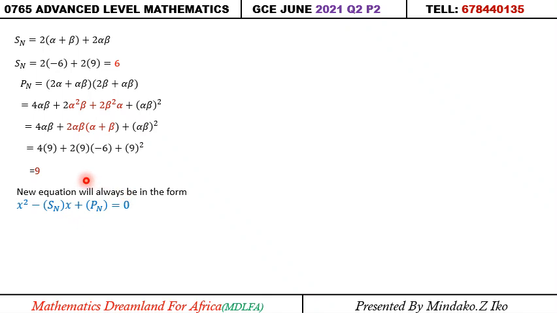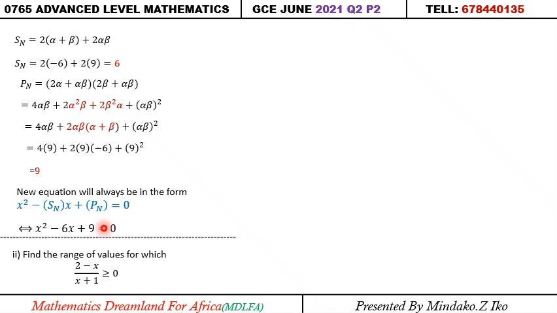If you substitute our values of Sn and Pn, our new quadratic equation will just be x squared minus 6x plus 9 equals 0. The minus here is because there is a minus in the formula, so our Sn is just 6, not -6. And therefore this is our new quadratic equation as required. So that is it.